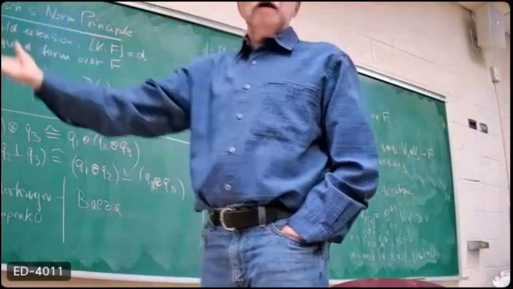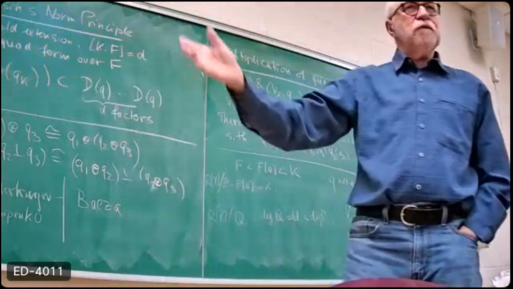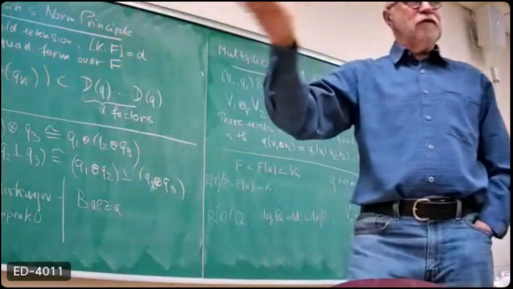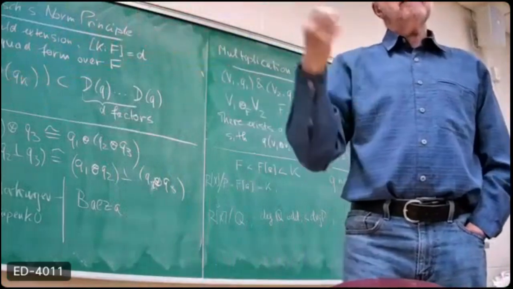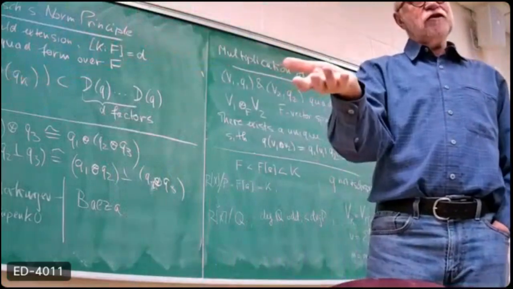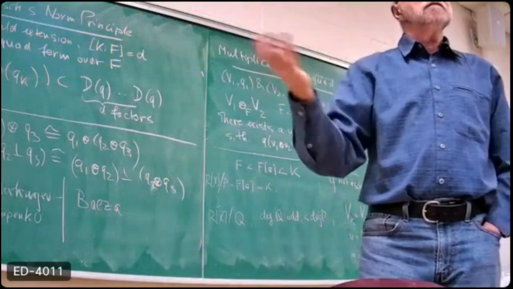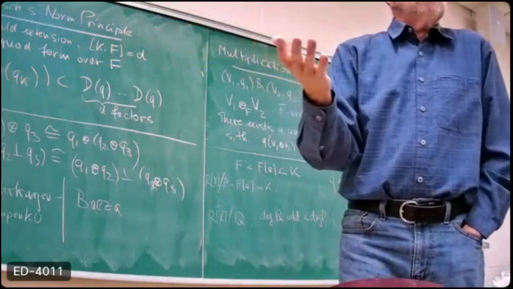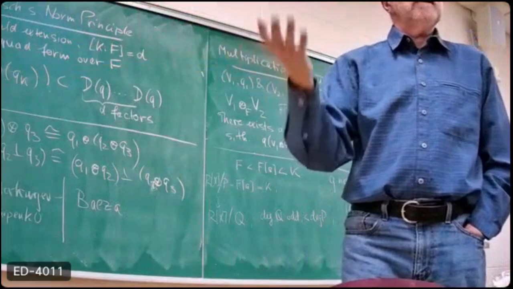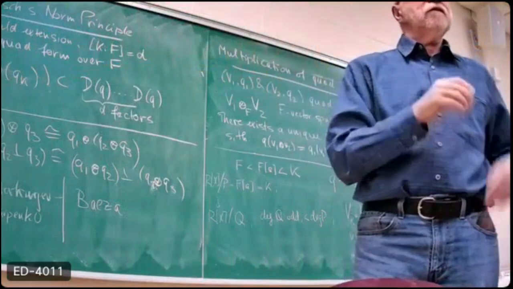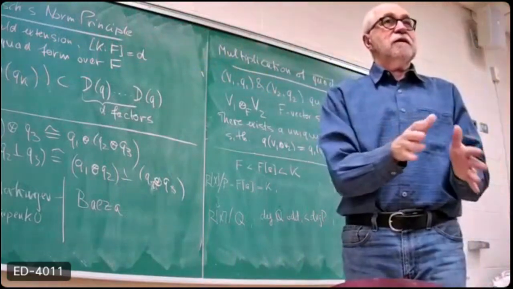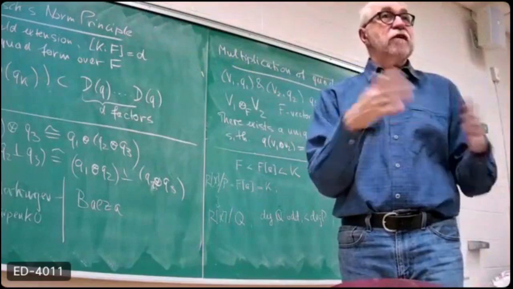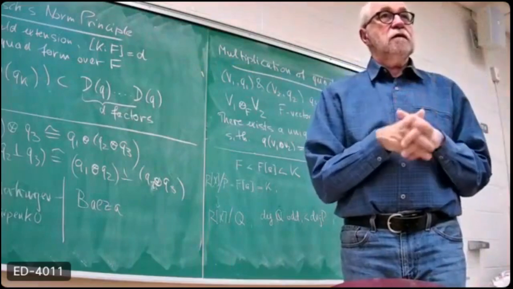But a cubic form should be a function which is homogeneous of degree 3. Then all sorts of linearizations should be trilinear. There are several of them.